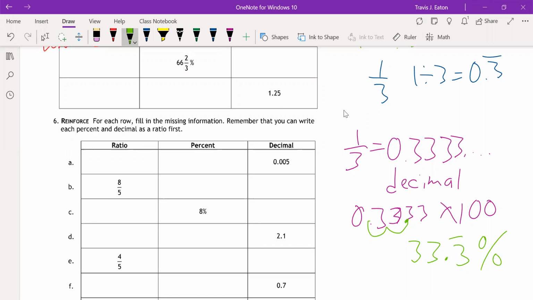Write the little percent. There we go. So it's easy to take a ratio and make it a decimal and then make it a percent.